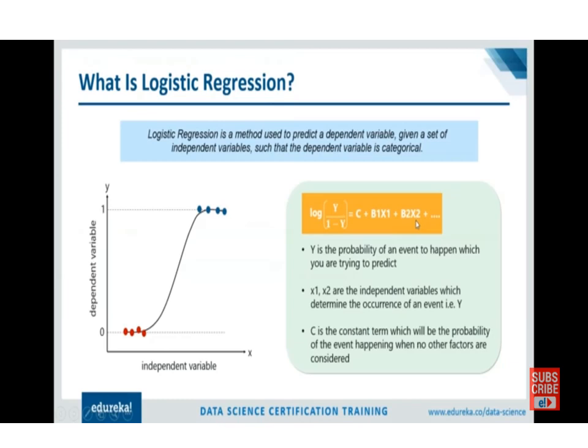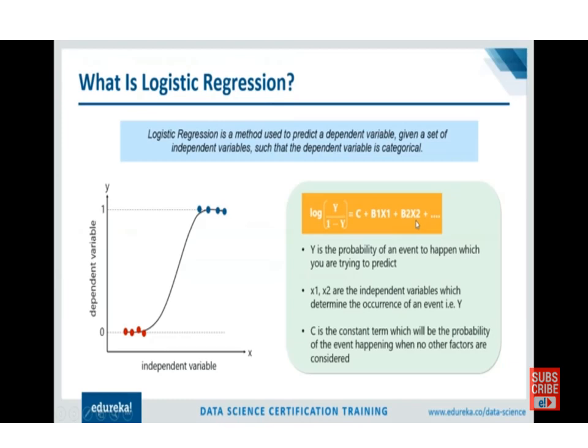You have to observe that the value of y will not be some continuous value. It is a probability of whether it is going to happen or not, whether it is 0 or 1. So this is the basic difference between linear regression and logistic regression. In linear regression we get some continuous value, but in logistic regression we get a probability of whether this thing is going to happen or not. This is what we are going to predict.